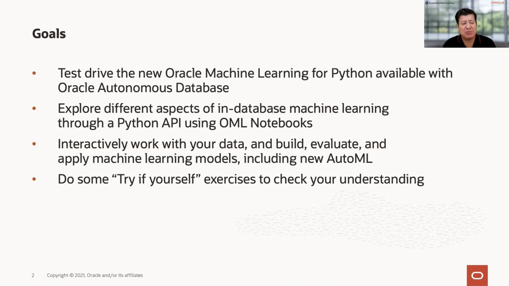The idea here is to explore different aspects of the Oracle Machine Learning notebooks, especially using the Python API. You're going to learn how to interactively work with data, process that information, build machine learning models, and even use AutoML, all from OML for Py.